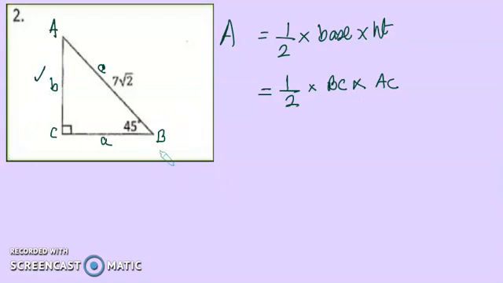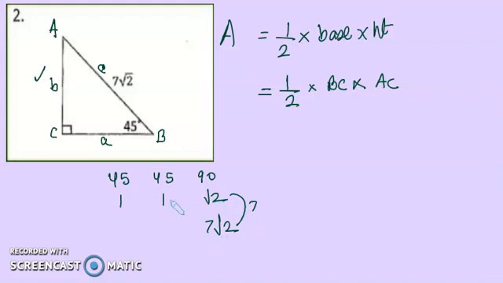Now we will find the length of BC and AC, then only we can find the area. So in a 45, 45, 90 triangle, the ratio of sides is 1, 1, root 2, and opposite 90 degrees, the side is 7 root 2. So this is 7 times root 2, which is 7 root 2.